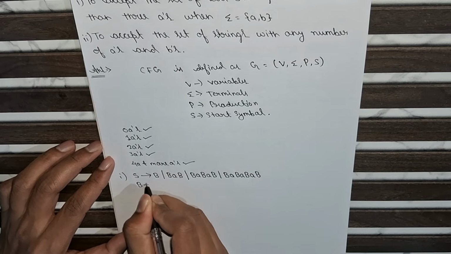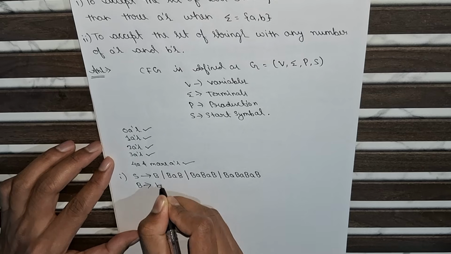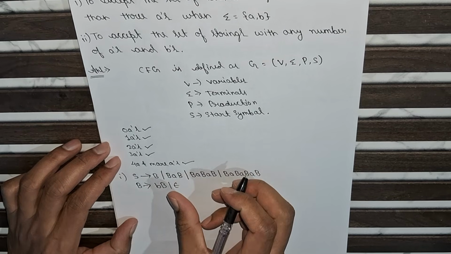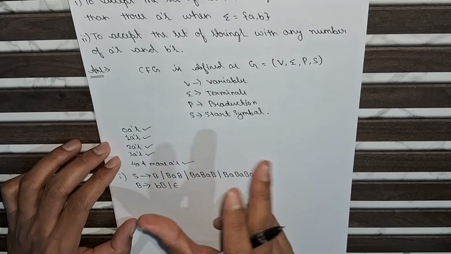Now we will define the B variable. Here it can be b B and also epsilon. Hence the context-free grammar generates all strings over A and B with no more than 3 A's.